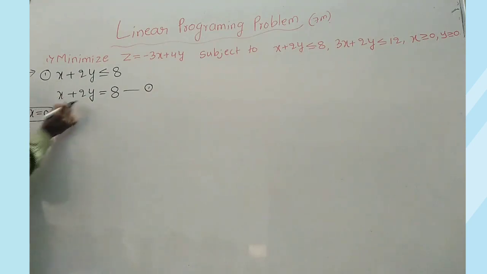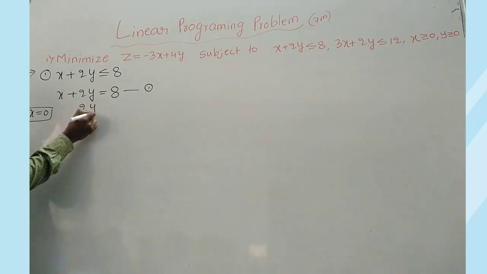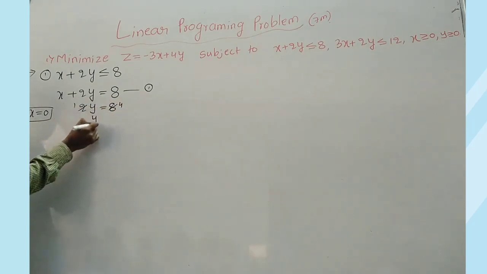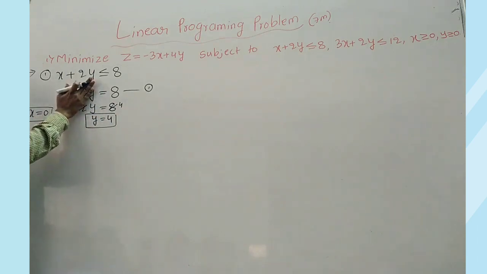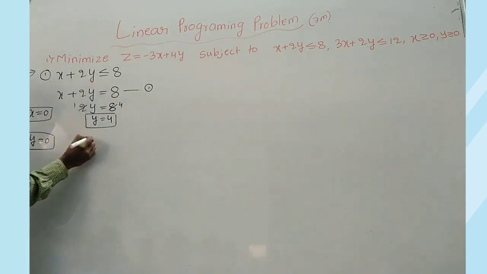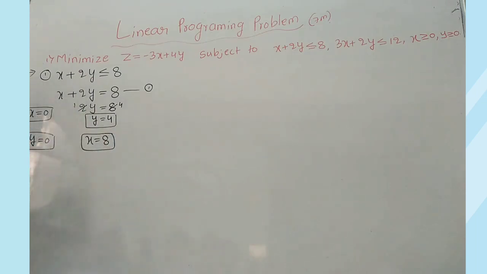If I substitute x equals 0, what will we get? 2y equals 8, so y equals 4. Next, substitute y equals 0. This term is 0. What will we get? x equals 8. Directly you will get x equals 8.